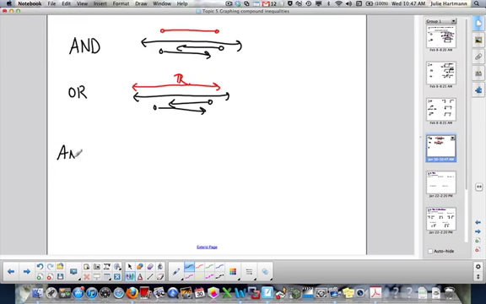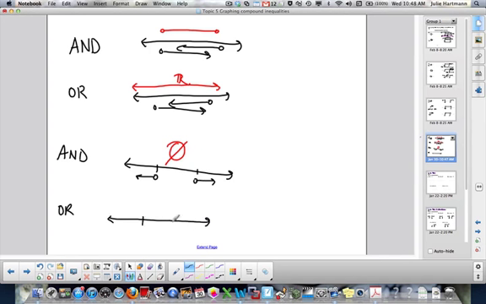Now, if you have and they're going away from each other, that's where you have no solution. And if you have or going away from each other, that's fine. That's just what your graph looks like. Okay? So two things there.